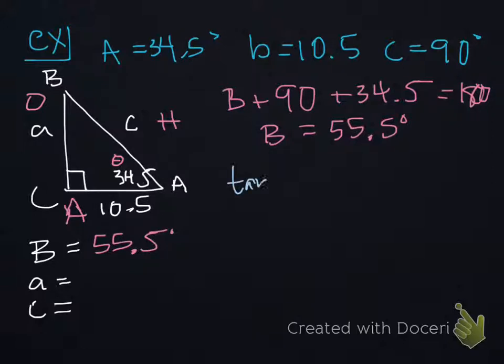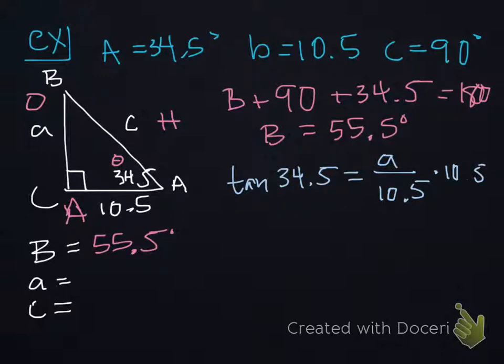So tangent of 34.5 will equal my A, which is the opposite side, over 10.5. And to solve for this, to get A by itself, I would times both sides by 10.5.